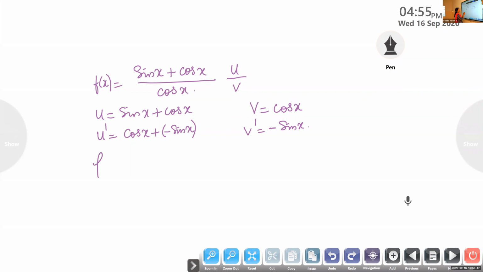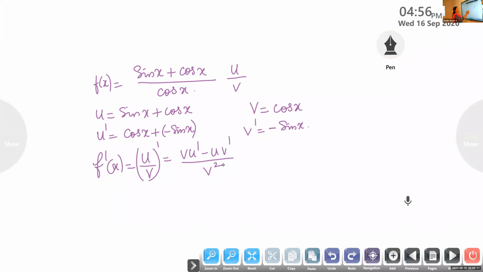Now write the formula. What is f dash of x? U by v the whole dash is equal to. Can you give the formula, Gayatri? V u dash minus u v dash by v square. Very good. So apply the values there.